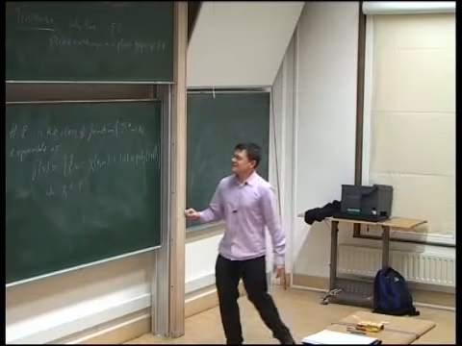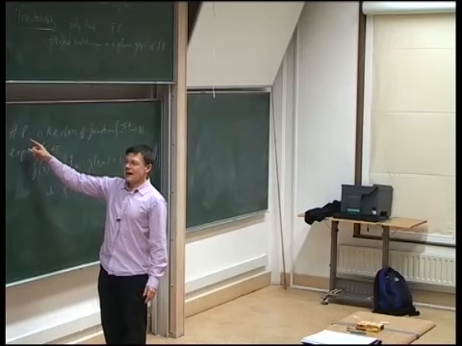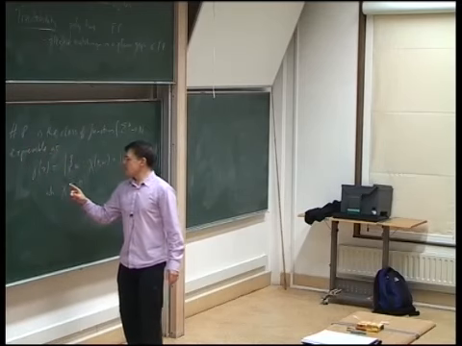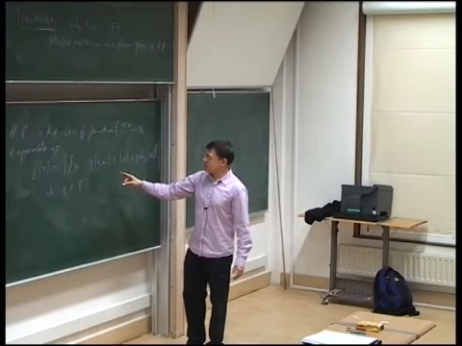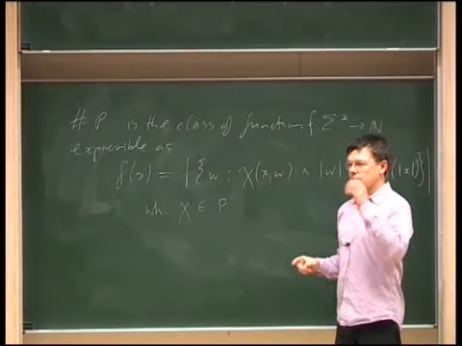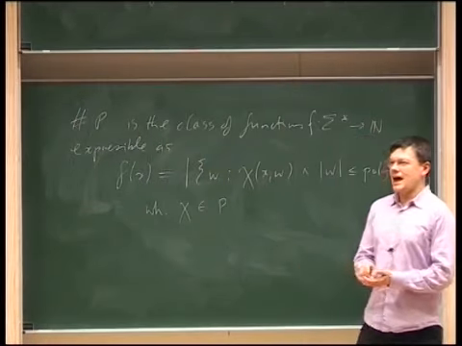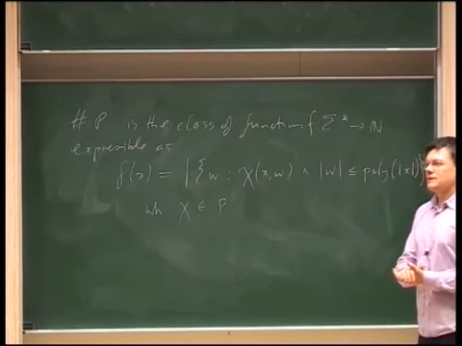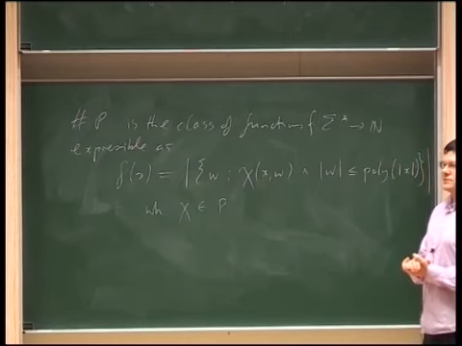The class sharp NP I have seen occasionally, and it's used for the same definition but with chi in NP. So it's, for example, counting Hamiltonian subgraphs of a graph.